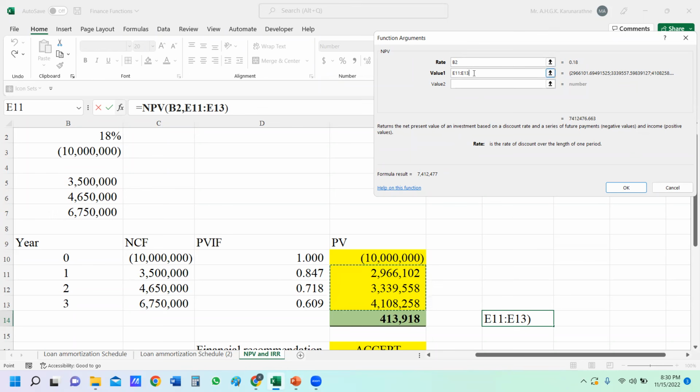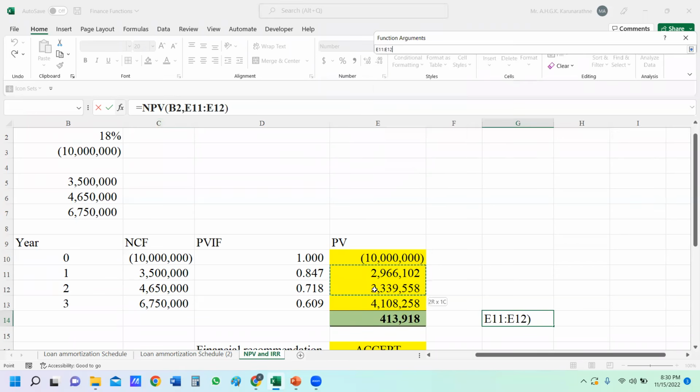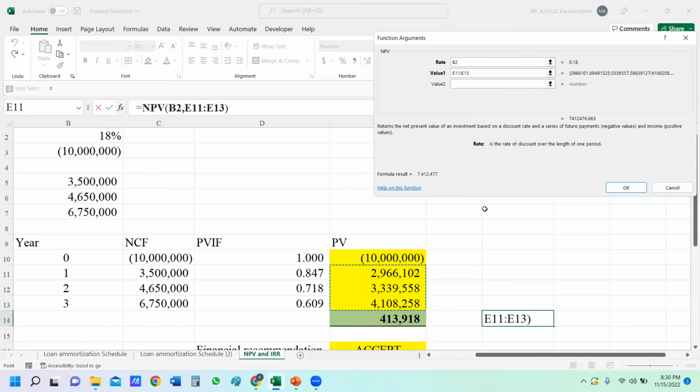Discount rate, okay. Then under values, show the other cash flows except year zero. Then separately, look at this address bar. Separately, you can link the initial investment to this formula, but not in this dialog box.